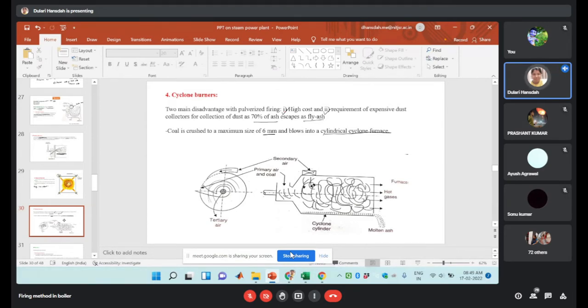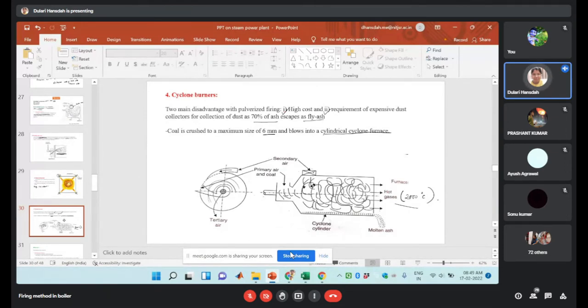In this case, you can get a high temperature of the gases of about 2000 degrees Celsius. Okay, so this is the cyclone burner. We can get a high furnace temperature. Coal can be used with the existing equipment without pulverized mills.